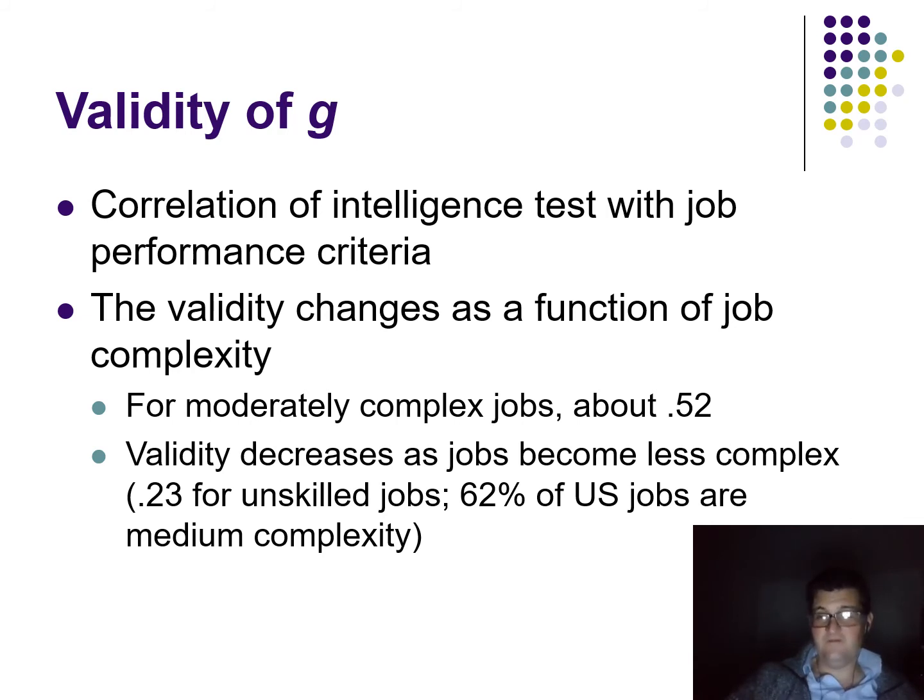So the correlation is about 0.23 for unskilled jobs. And in fact, I've seen it as low as 0.17 for very unskilled jobs, like literally taking a box off a truck and putting it on a conveyor belt. Cognitive ability still predicts job performance doing that, just not as well as anywhere else. And I've seen it as high as 0.7 for highly complex jobs like management and other professional jobs.